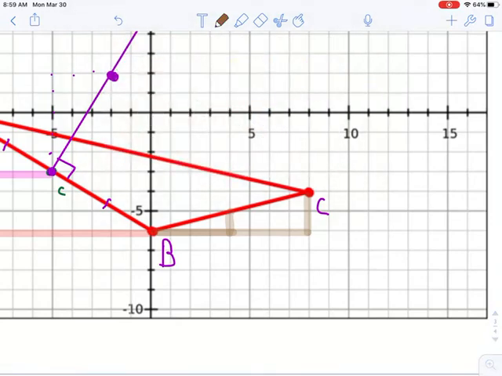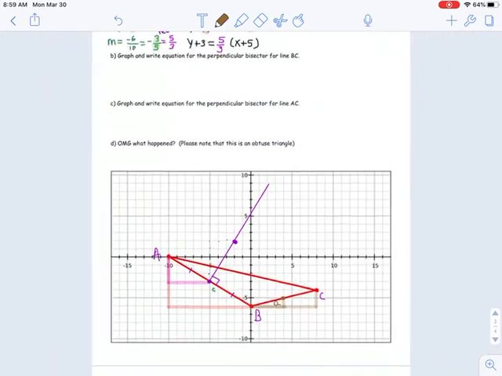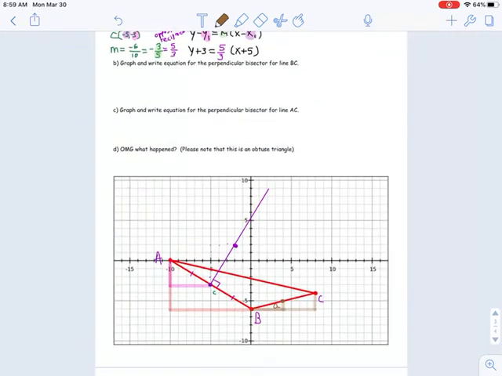Just quickly counted it. And I'm going to call that lowercase a. So lowercase a, what's the coordinates of that? 4, negative 5. Okay, and then what's the slope of BC?